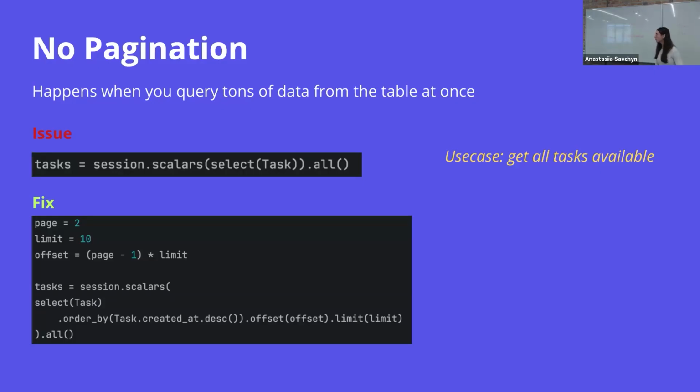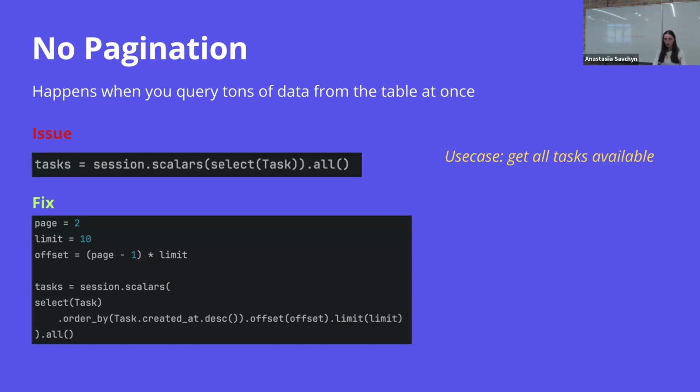For example, I'm on page 2 and I want to fetch 10 rows. So offset will be just limit multiplied by page minus 1. So the database knows from which row to start fetching for you. It depends on the page you are on.